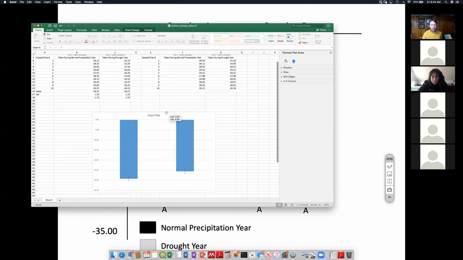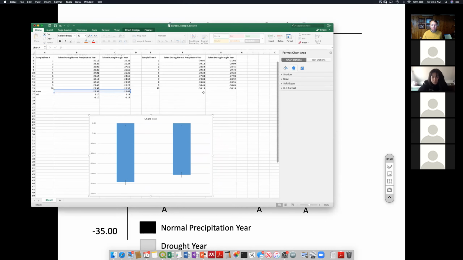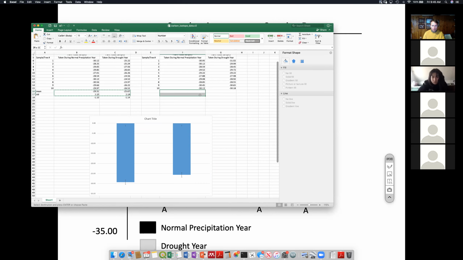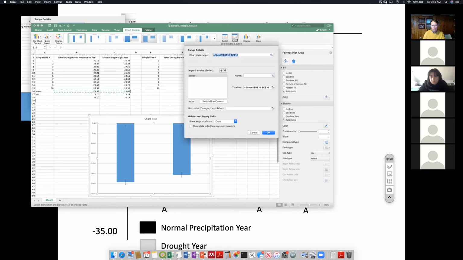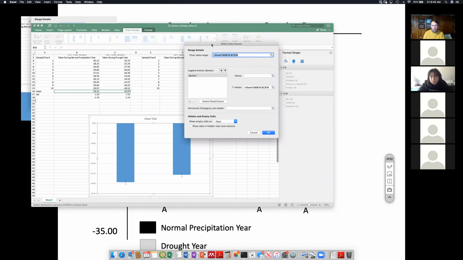Okay. And if you want them both on the same chart, you can just go here to chart design, select data, and I can add another series.